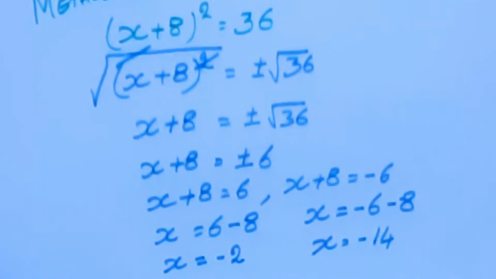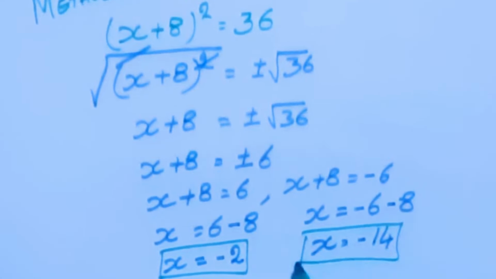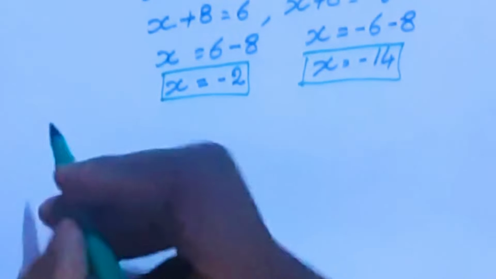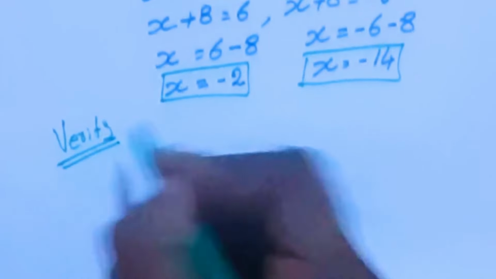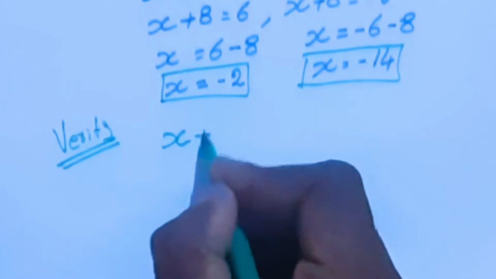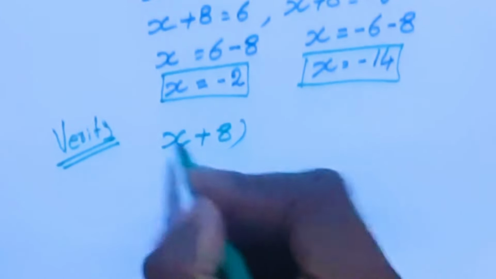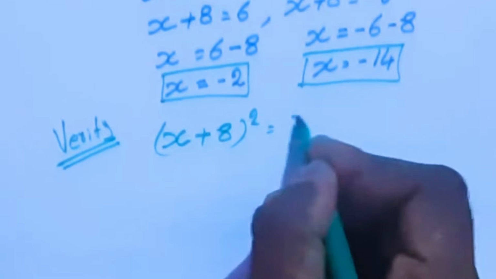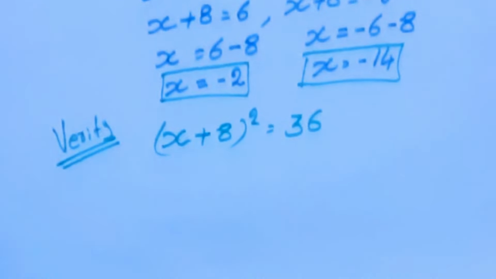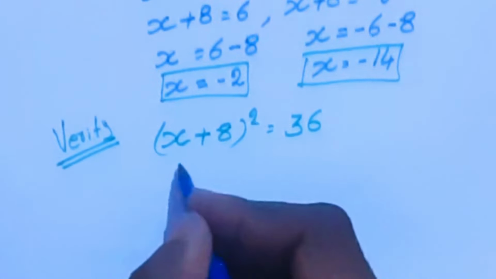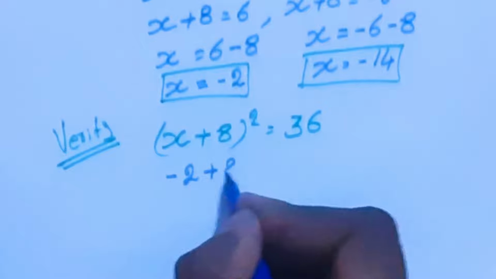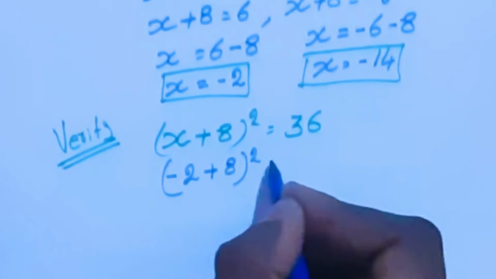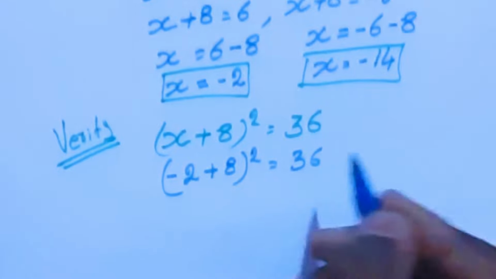This is the same answer we got in the first method. Now we are going to verify this with the equation (x + 8)^2 = 36. Now applying x = -2: (-2 + 8)^2 = 36.